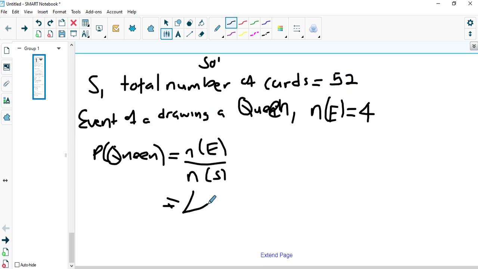There are 4 queens. Then you divide by the total number of cards, that's your sample space, which is 52.